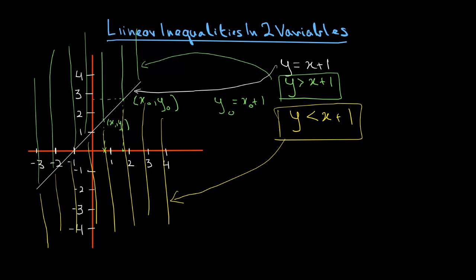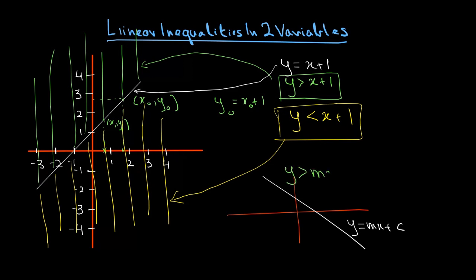Okay, so in general, the moral of the story is that whenever you have axes and a straight line of the form y is equal to mx plus c, the green region is where y is greater than mx plus c.